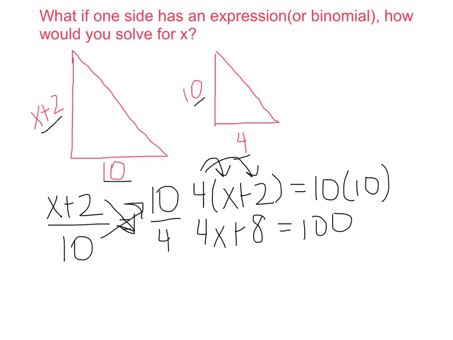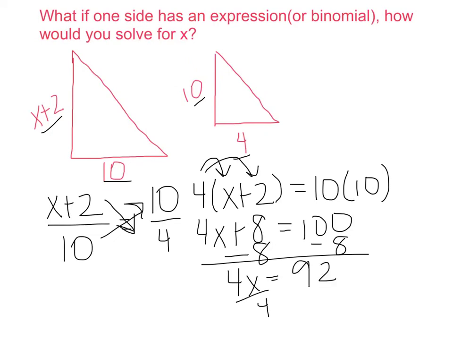Now this is just a one-step equation. So minus 8 from each side. 4x equals 92. Divide by 4. X is going to equal 23.